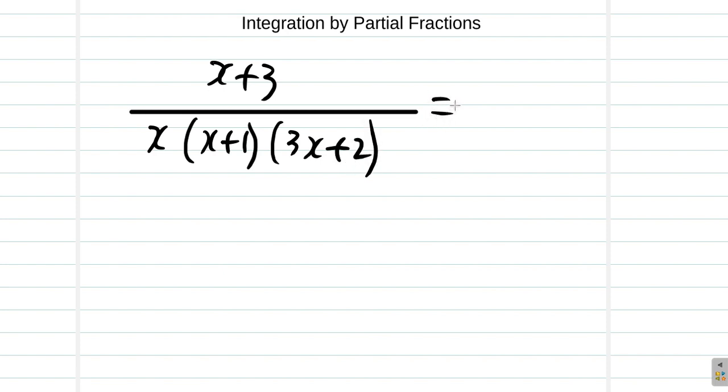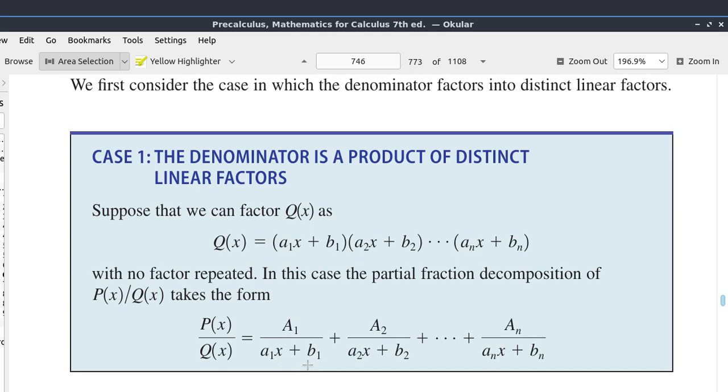When you're going to write this out as partial fractions, I'm going to say a over x, because x is the same as x plus 0, you know? So x is 1x plus 0. So x is still in the form a1x plus b1.